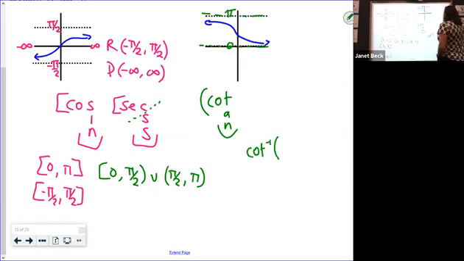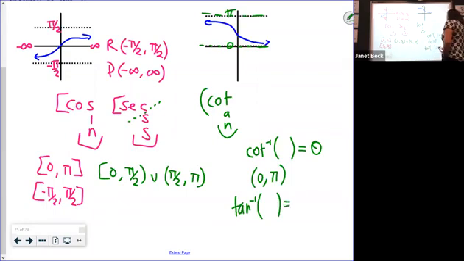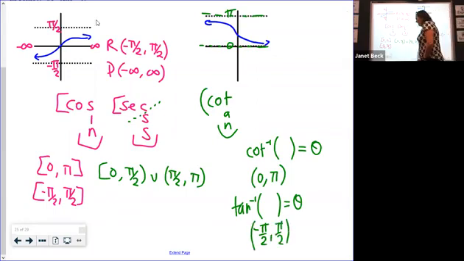Inverse cotangent range of angles, the answers that can come out go from 0 excluded to pi excluded. For inverse tangent, the angles go from negative pi over 2 to positive pi over 2. I find it easier to just think of them as the top half and the right half.